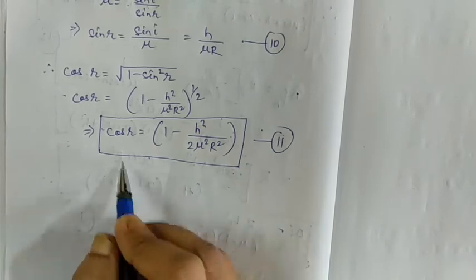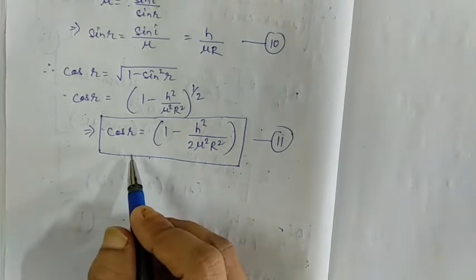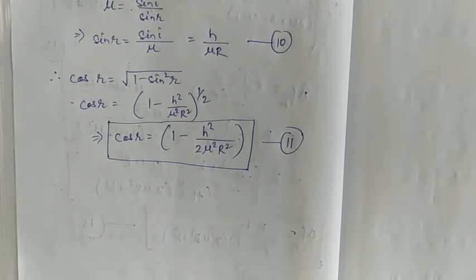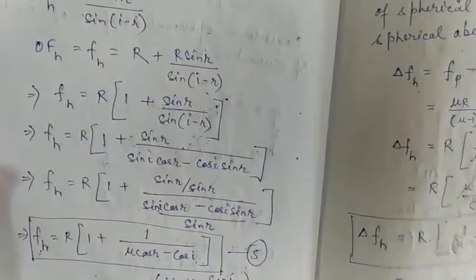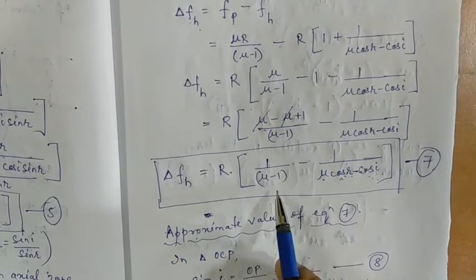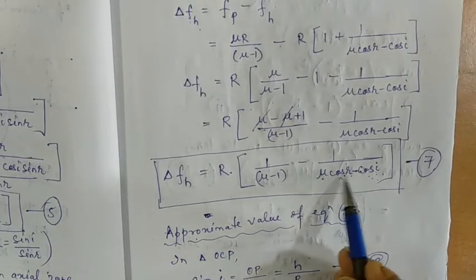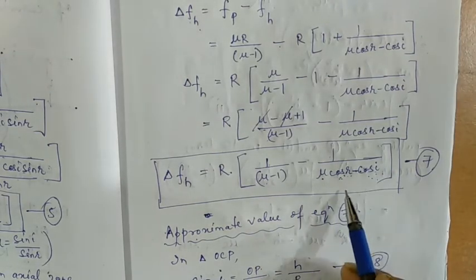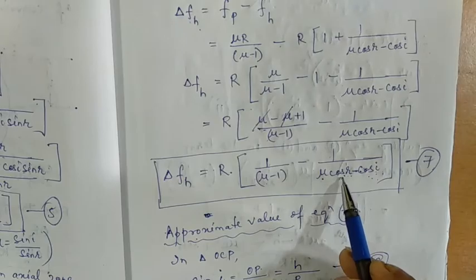So you got cos I value as well as you got cos r value. Now we are taking the term that was in equation 7. You can see equation 7. There was a term that is mu cos r minus cos I. Now I'm just considering this term, and in this term I'm going to substitute this cos r and cos I value.